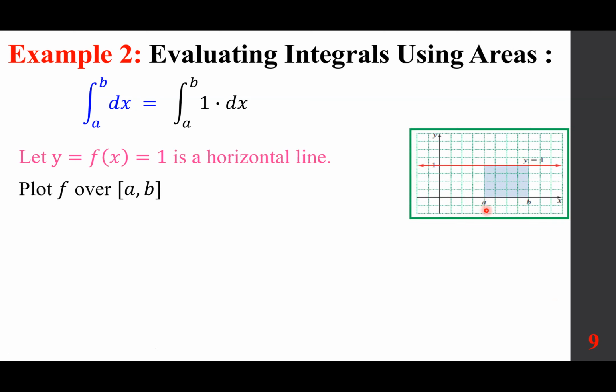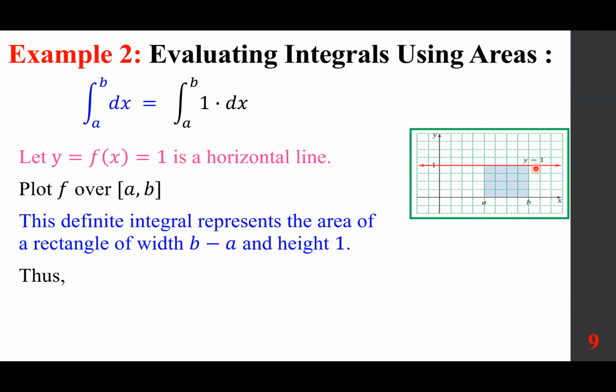So a to b, b is larger than a. As long as b is on the right side, we are in good shape, because that's the assumption when we write a comma b. And we can find the area of this rectangle, the width, which is b minus a, times the height, which is 1.